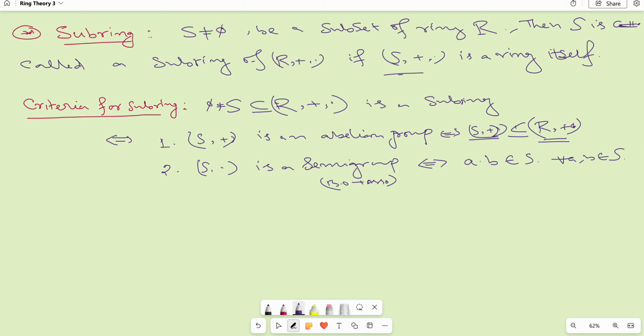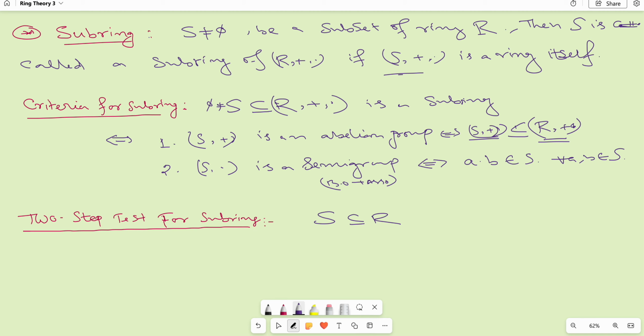This is the criteria for a subring, and you need both criteria together, then you will get the subring. Two-step test for a subring. That means you have to check two steps, and you will get whether it is a subring or not. So S is a non-empty subset of R, where R is a ring.